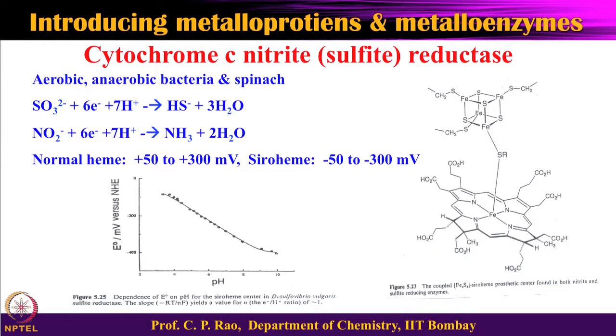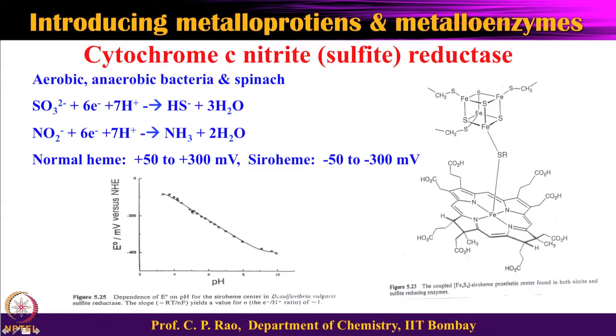So, you need a very strong reducing center, and that is why nature has decided to put a different kind of reductive center than the normal one. Is it understandable? We have seen the iron sulfur cluster earlier, and here the heme is a combined one. This is because you require a very high negative potential, and this kind of center will show a more negative potential, minus 50 to minus 300.